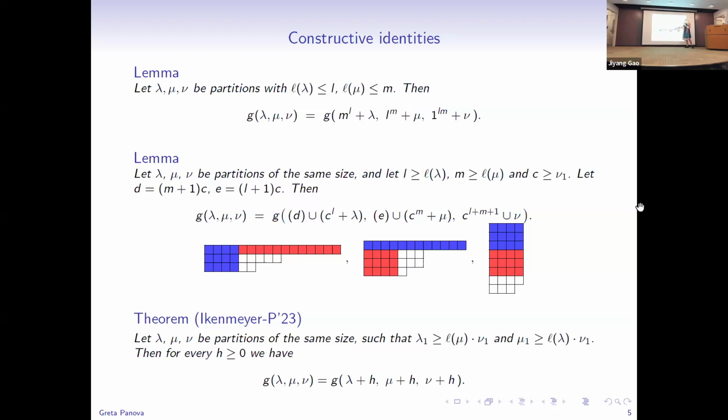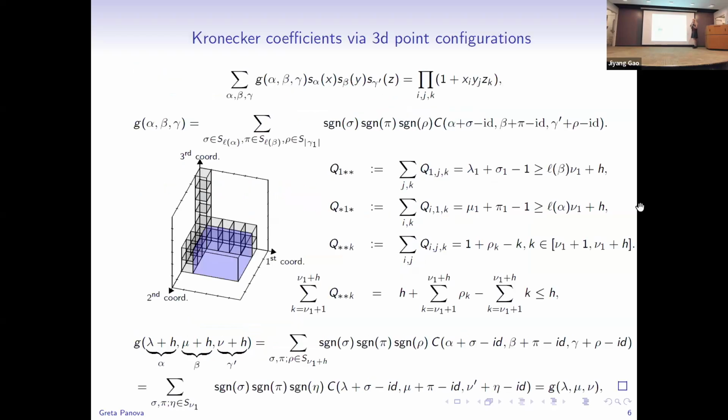You can add the right sizes of rows, long rows and boxes so that the Kronecker coefficient is preserved. The hard part was, to get the reduced Kronecker, you're supposed to be adding a long first row, and to show that when you add a long first row, the Kronecker coefficient stabilizes.